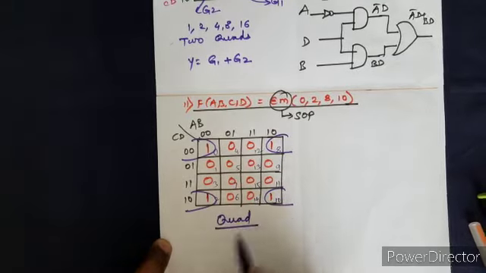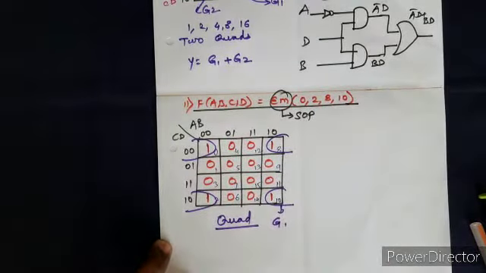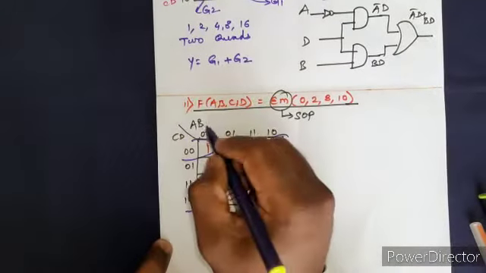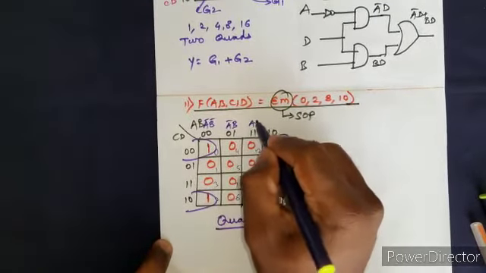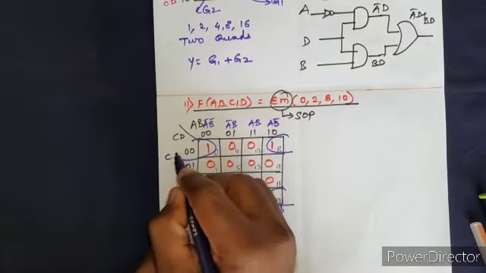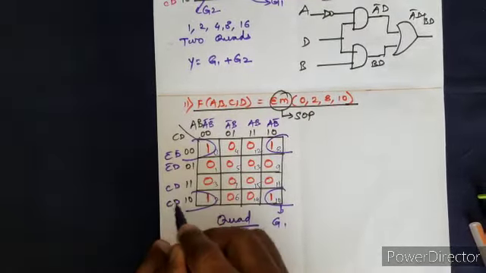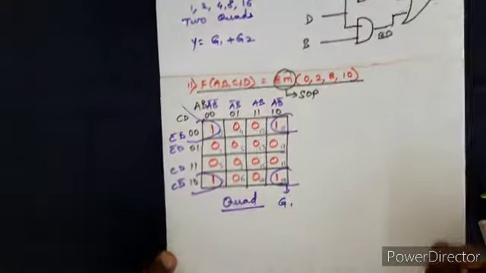It is a quad. Only one group is formed here, right? So this becomes A bar B bar, A bar B, A B, A B bar. This is C bar D bar. This is C bar D, C D, and C D bar. Okay, so a quad is formed here.